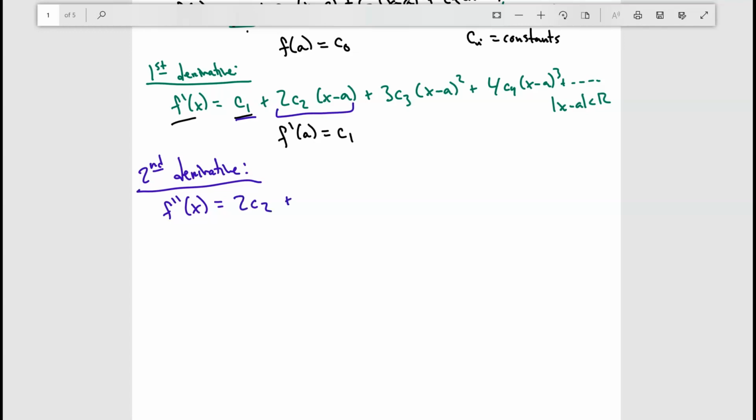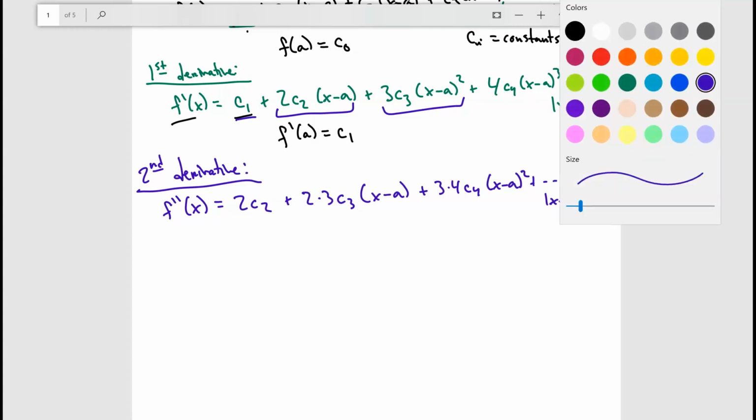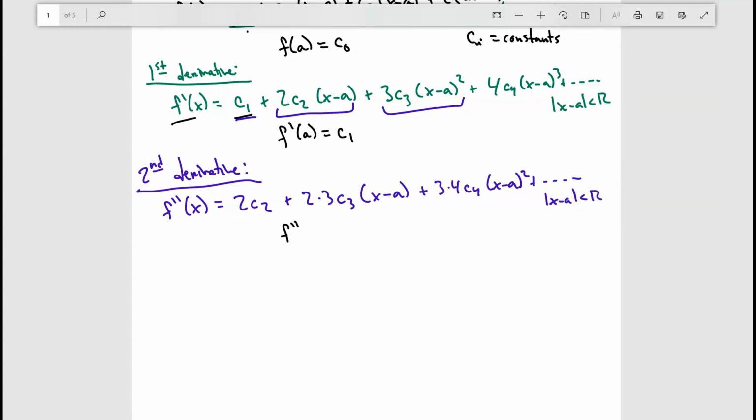And then I take the derivative of the next term, which gives me 2 times 3c3 (x minus a). You'll see why I'm writing it as 2 times 3 in a little bit. The other one is going to be 3 times 4c4 (x minus a) squared, and so on and so forth. The radius of convergence hasn't changed. So now what is f double prime of a going to be equal to? Well, f double prime of a is going to be equal to 2c2.